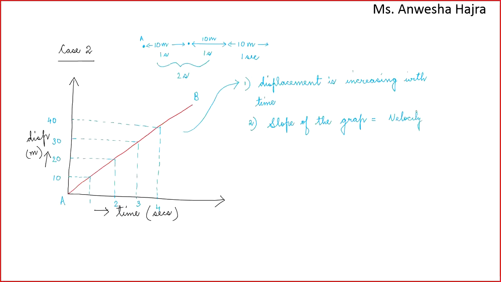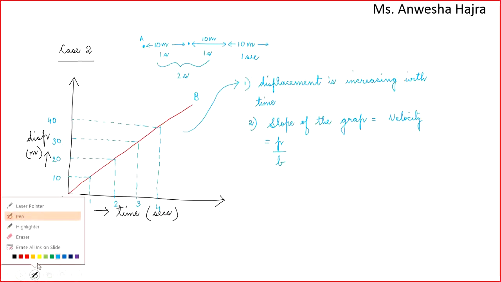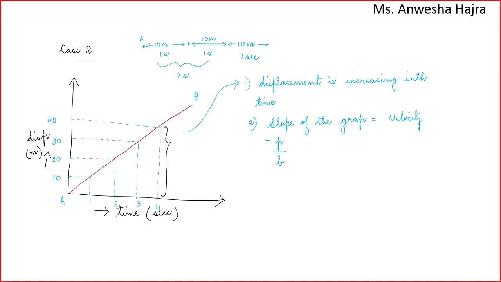Now, what is slope? Slope is perpendicular by base. Now, which one is perpendicular and which one is base? So, this side is perpendicular. Perpendicular is 40 and this is base. Base is 4. So, perpendicular is 40, base is 4.